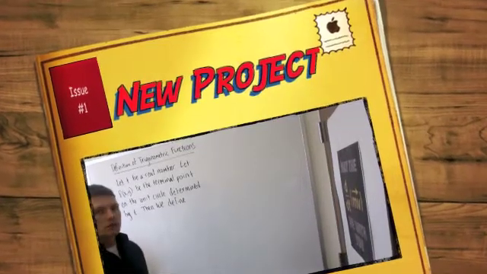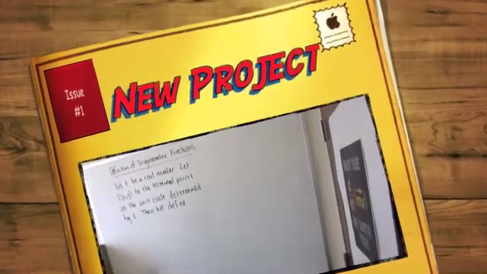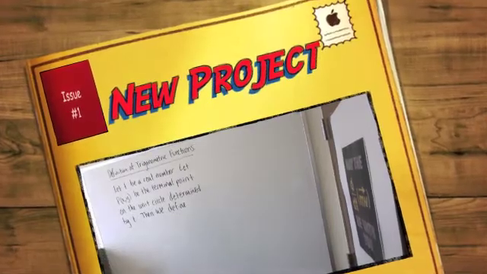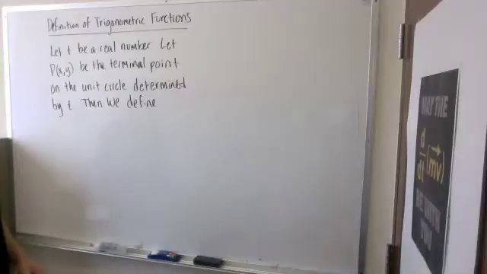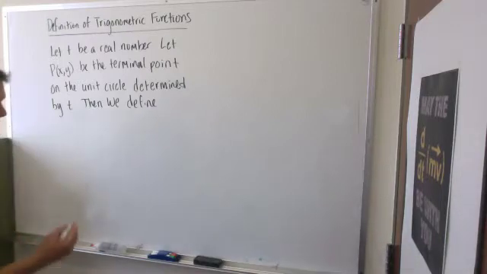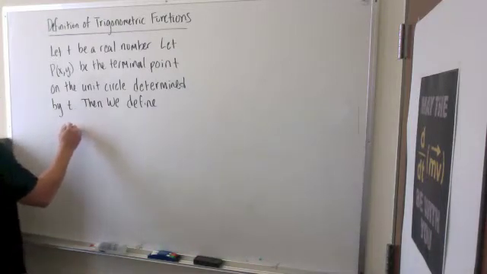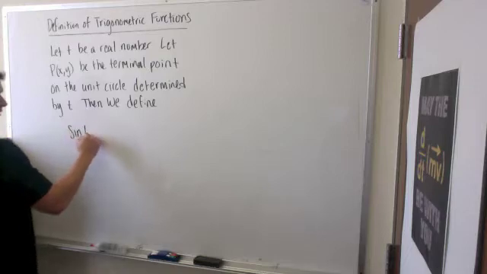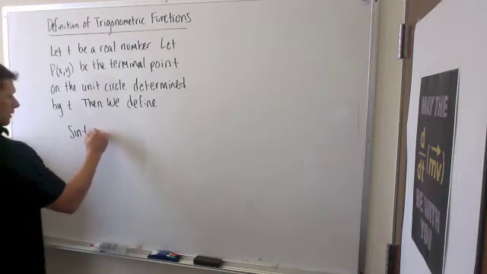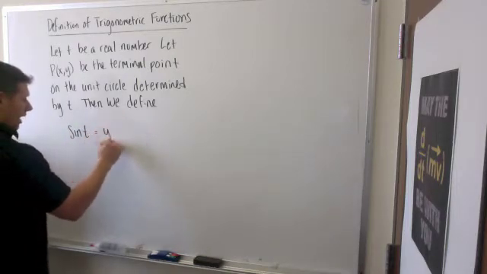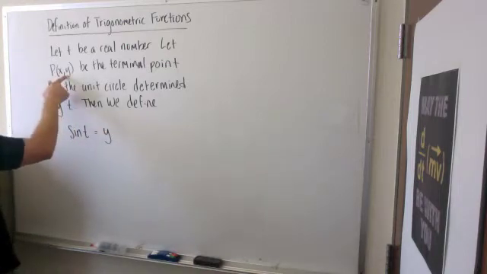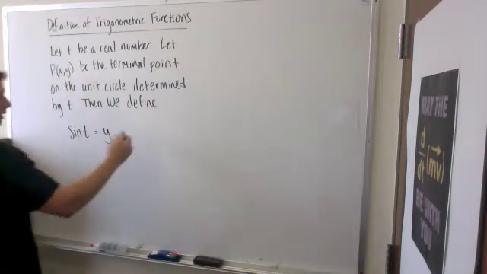Okay, so definition of a trigonometric function: let t be a real number, let P of x, y be the terminal point on the unit circle determined by t. Then we define the following. The first one is sine of t. This is going to equal y, the y coordinate on that terminal point.